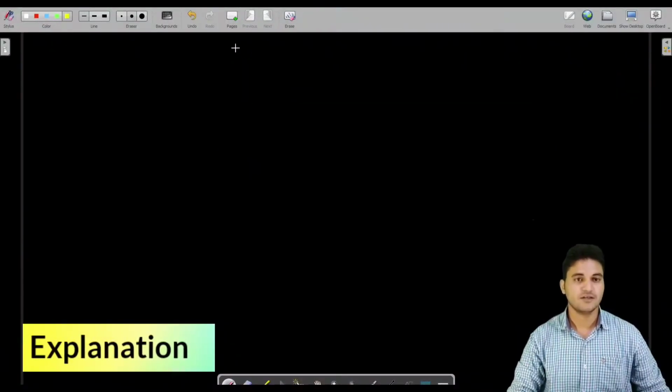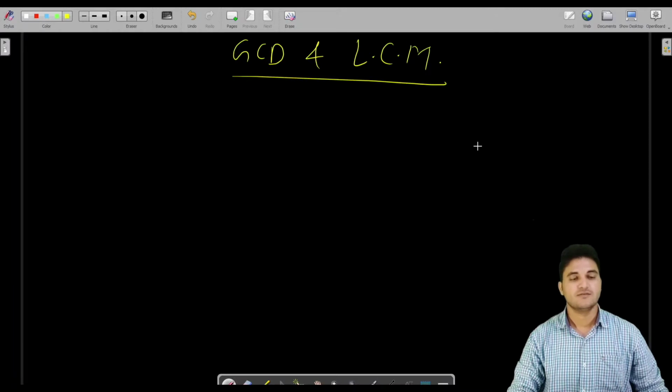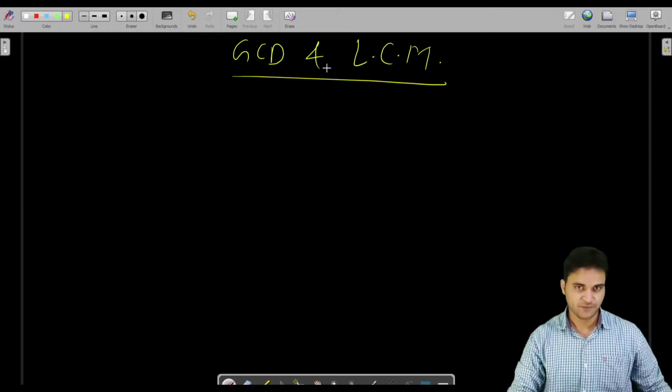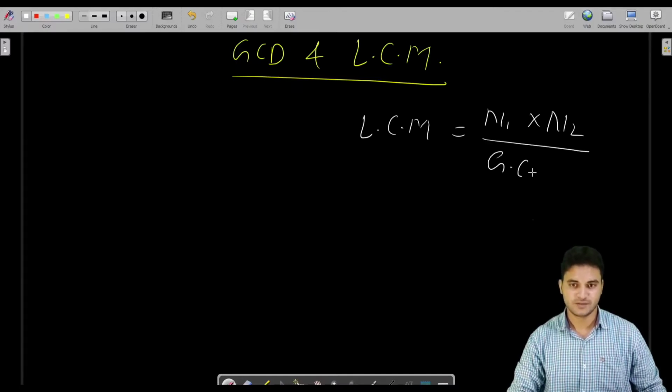So, calculating the GCD and LCM. First of all, you will have to revise your math, or only one formula. If you remember, we used to have one formula: LCM equals n1 times n2 divided by GCD.